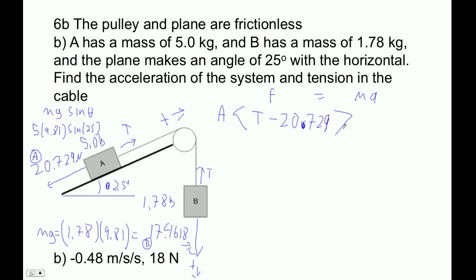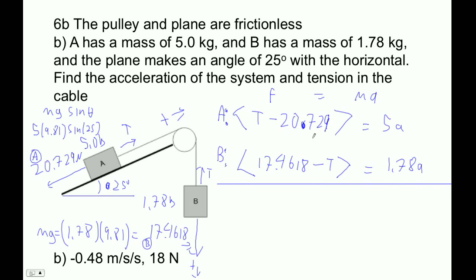Okay. Equals 5 times A, right? For B, our formula looks like the protagonist, this guy, 17.4618 minus T equals 1.78 A, right? And then we'll just do what we always do, right?